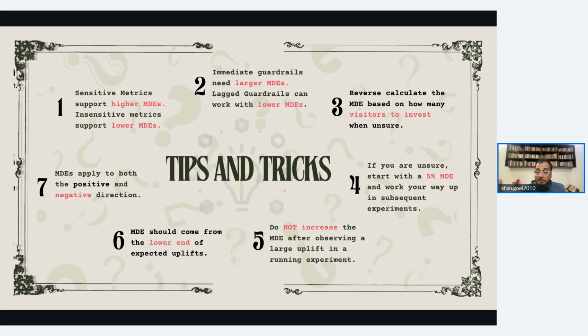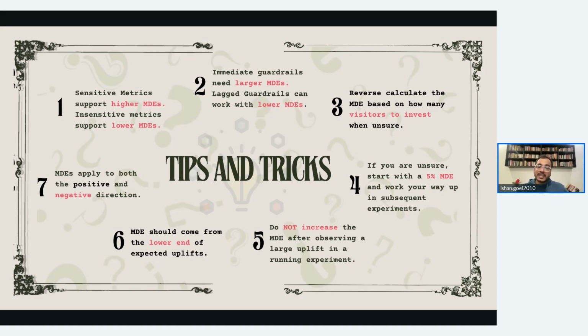But what is an absolute disaster is that suppose I run the test, and after the first 5 days I'm seeing an uplift of 20%, and I'd set my MD to 5%, and then I increase my MD and change it to 15%. You should absolutely not do that, because the 20% that you are seeing early into the test is likely to be a fluke.